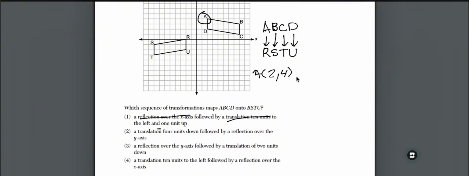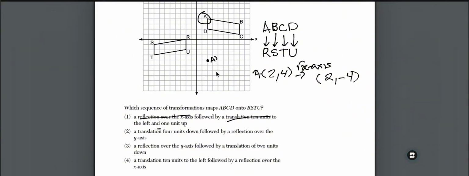It says reflect over the x-axis. So if I reflect over the x-axis, I'm going to keep my x the same and I'm going to negate my y. So now my new point is 2, -4. So I'm going to graph that here, and it's going to be right here. This is going to be my point. So this is my A prime.